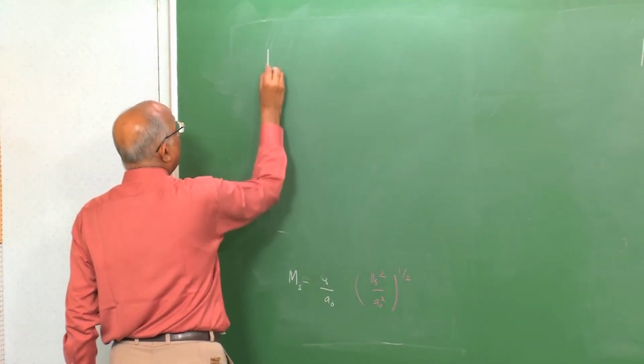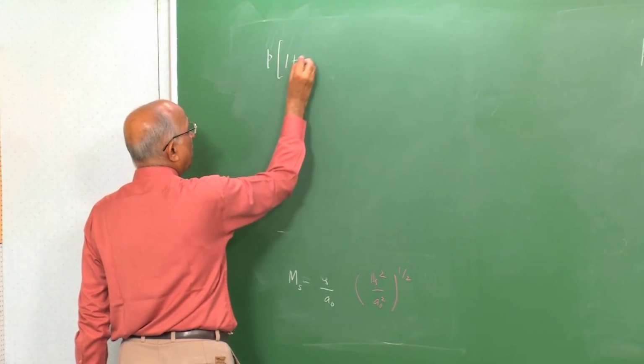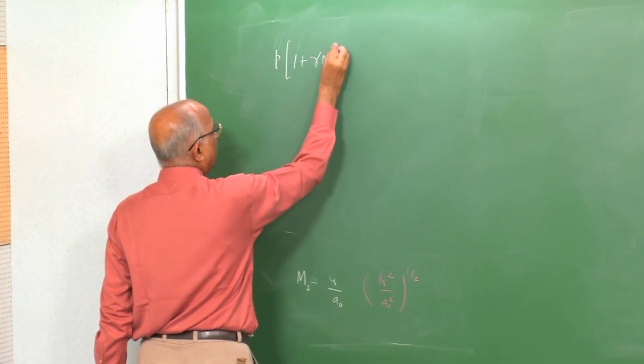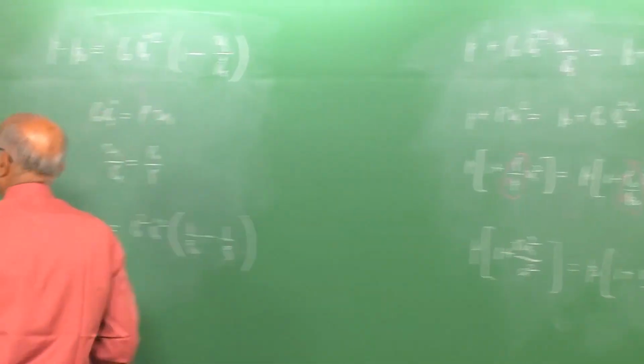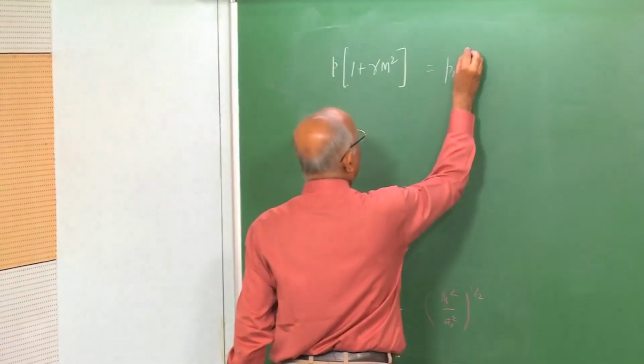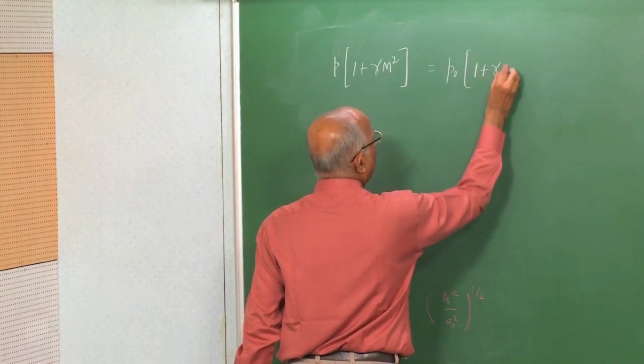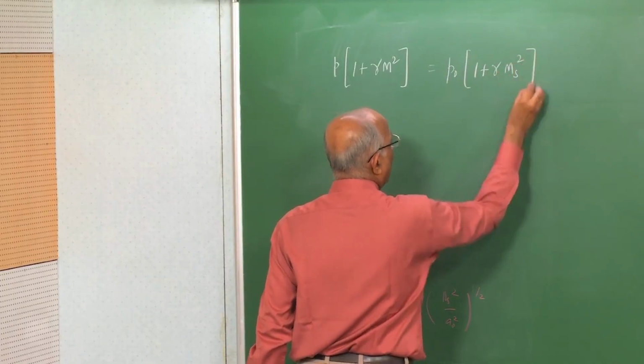I have P into 1 plus gamma m square. Why m square? We said u 1 by a is m, therefore u 1 square by a 1 square is m 1 square, is equal to P 0 into 1 plus gamma into m s square, shock Mach number.